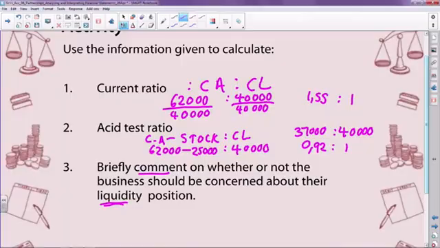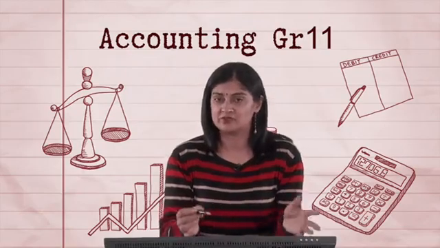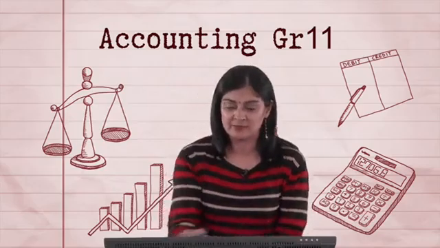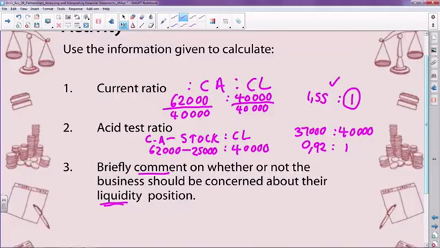Right, so looking at this situation, the current ratio obviously tells us that for every 1 rand of current liability, the business has 1 rand 55 cents of current assets. So looking only at the current ratio, you're probably thinking, okay, this is fine, this is not an issue. If I've got 1 rand of debt, I've got 1 rand 55 in terms of my current assets. The asset test ratio, however, guys, let's look at this asset test ratio.